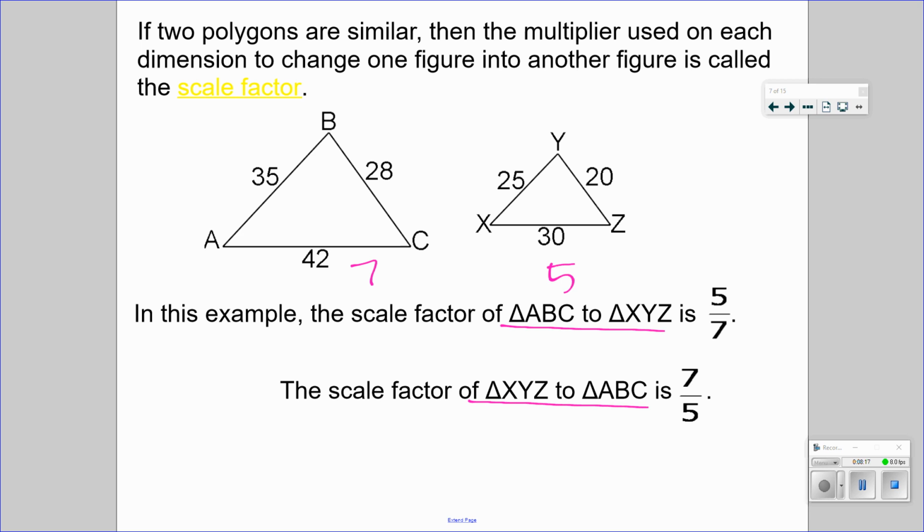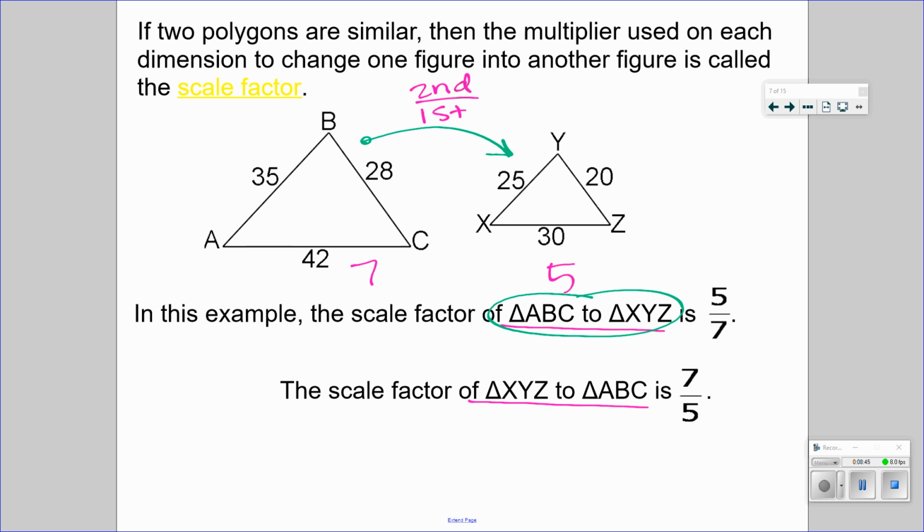Two ways to figure it out. First way, when it comes to your scale factor, whenever it's listed, it'll always be the second one listed over the first. If you memorize that. The second way, which helps double check yourself: if it's saying we're going from ABC to XYZ, did you just increase or decrease?